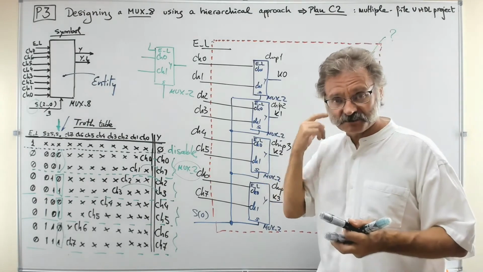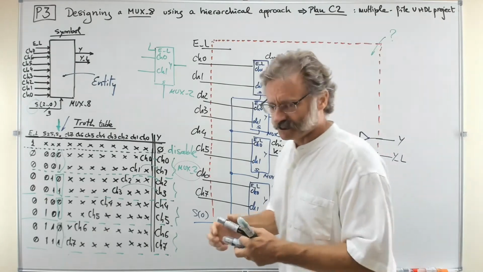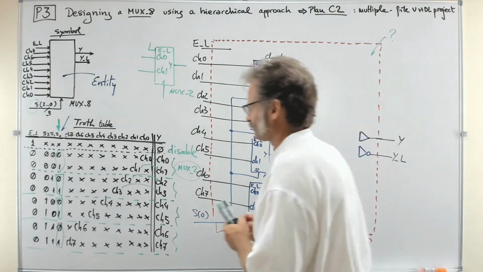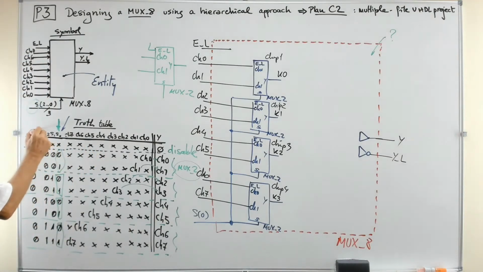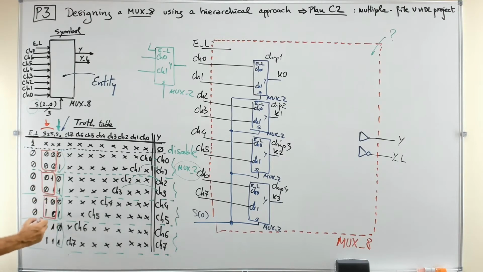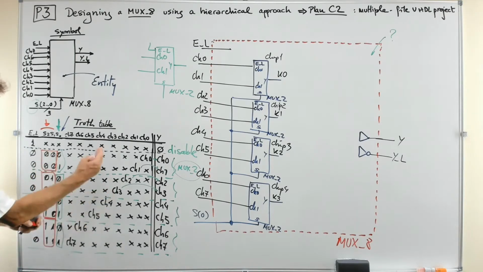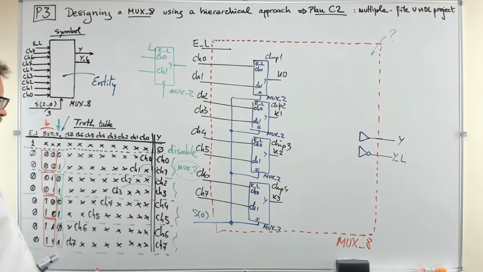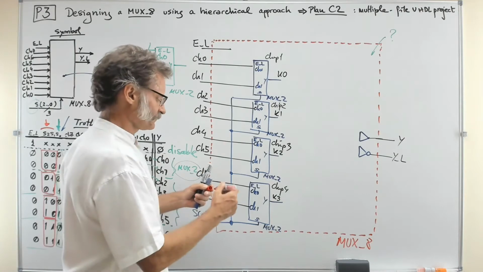But this time, you see, because you have 4 wires, you can imagine the truth table, because now you have 2 wires left here for selecting. So why don't you take them like this, you see? 0, 1, 2, and 3, right? So you see when 0, when 1, when 2, when 3, you select the output of one of these MUX2s that you have in this previous stage of the circuit.